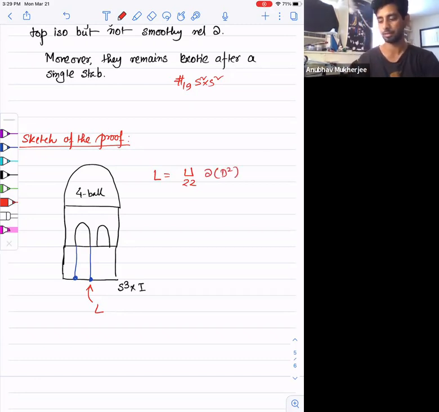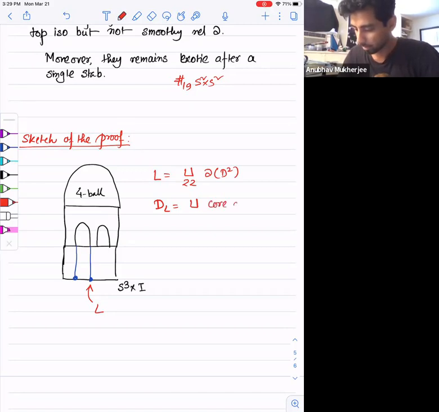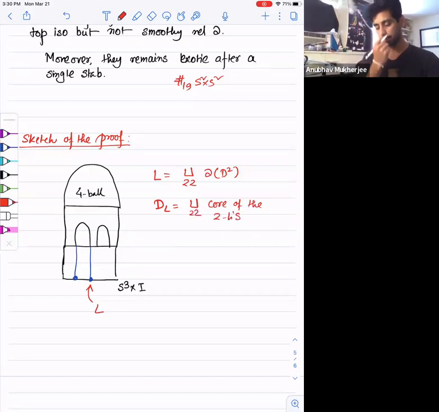That is the link L. Then obviously one candidate of this exotic pair would be DL, which is nothing but the core disks, or let's say the cores, of the two-handles. Okay, so this is one pair.